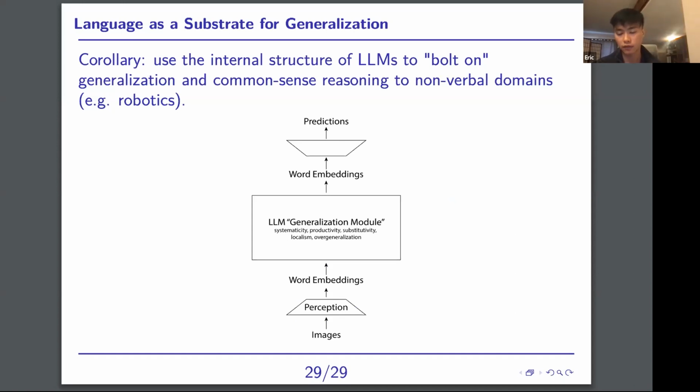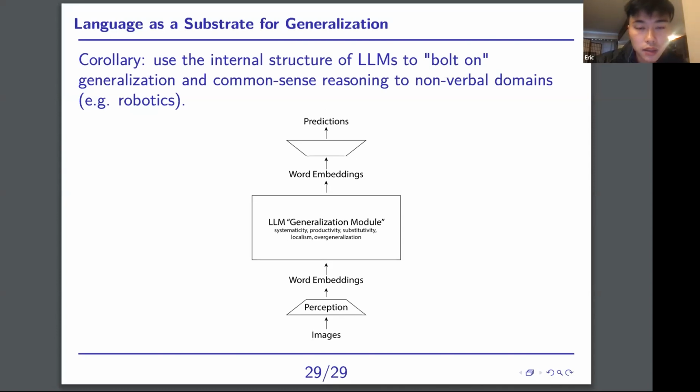And I think if what I said is true, then we'll probably see a lot more cool architectures like this in the future, where you bolt on generalization by first training a language model, and this will work even in nonverbal domains.